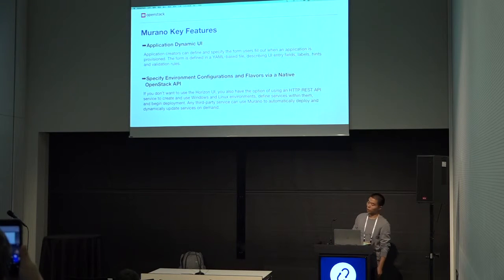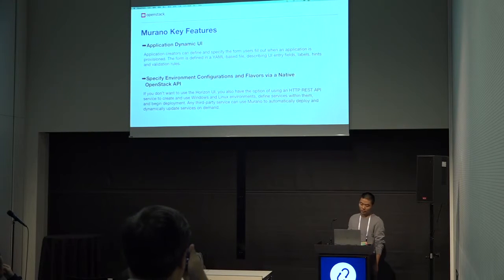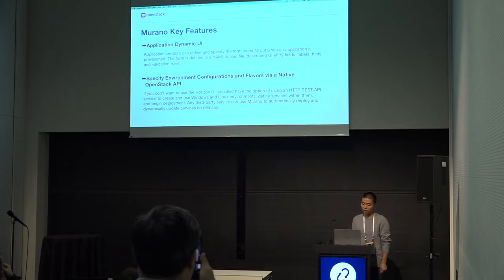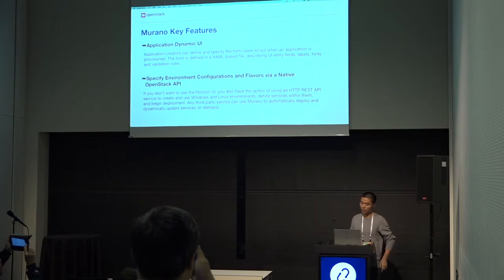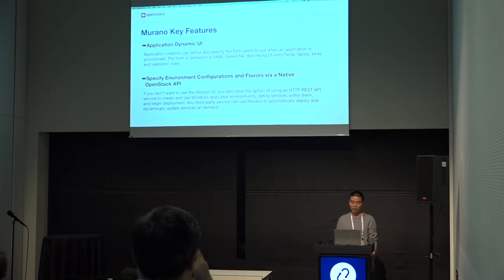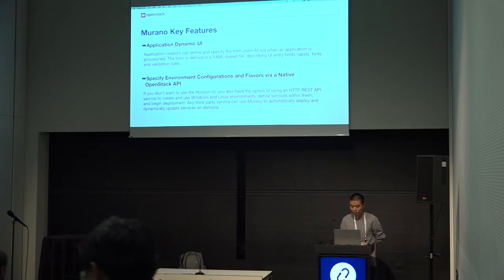So we introduce the Murano key features. The first one is the application dynamic UI. Application creators can define the forms users fill out when the application is provisioned. The form is defined as a YAML-based file and describes the UI fields, labels, and some validation rules. When a user wants to deploy an application, they can just fill in some fields in Horizon.